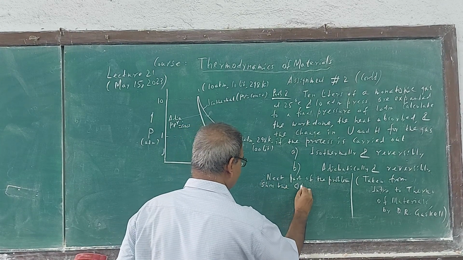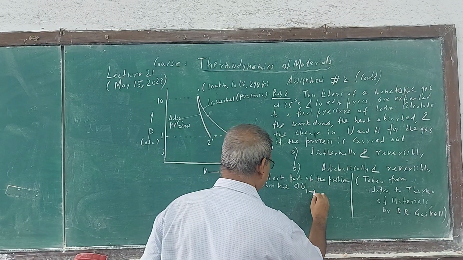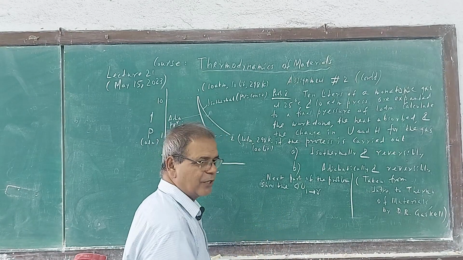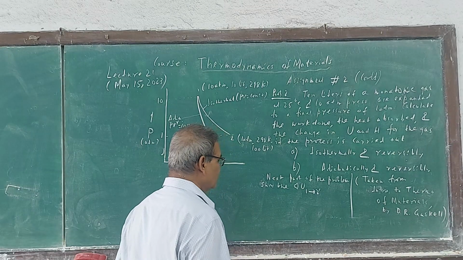Delta U, U is a state property. Delta U from 1 to 2 prime.